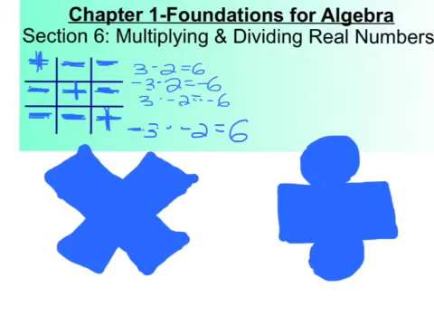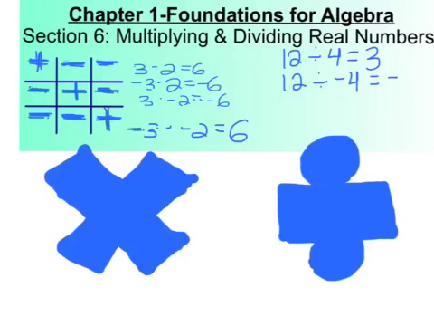This same table should go under the symbol for division. Same rules follow, except we're talking about dividing now. So let's say we have +12 divided by +4. We get a +3. +12 divided by -4.